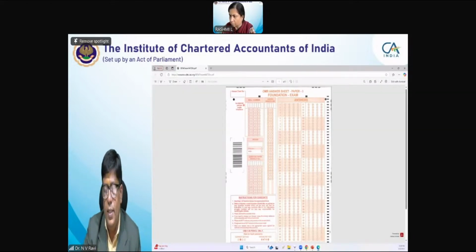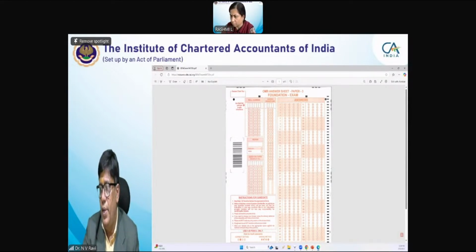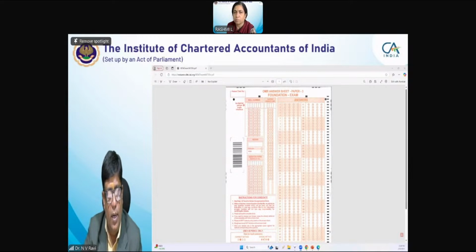If you look at this, this is the OMR sheet paper 3 format, and this will definitely be helpful to you. See how to use black pens: wherever a black pen is needed, write in the boxes.